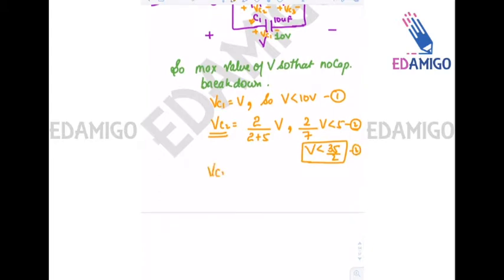Now VC3 is equal to 5 upon 2 plus 5 V, and since VC3 should be less than 2 volts, 5 upon 7 V should be less than 2 volts. So V should be less than 14 divided by 5. This is condition number 3.